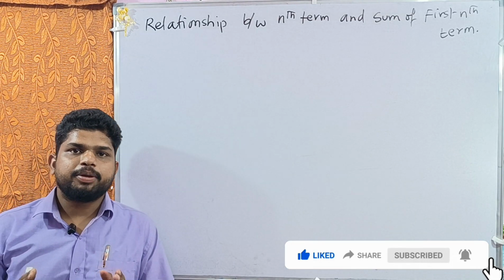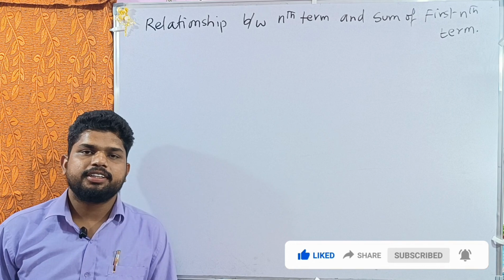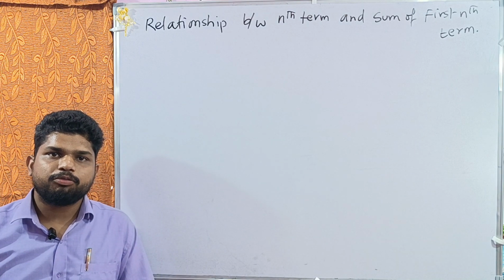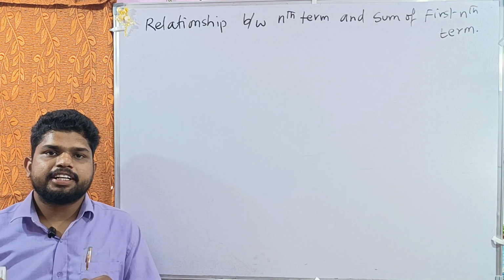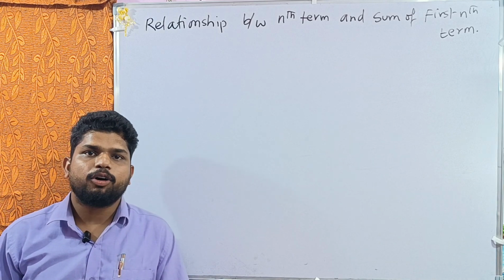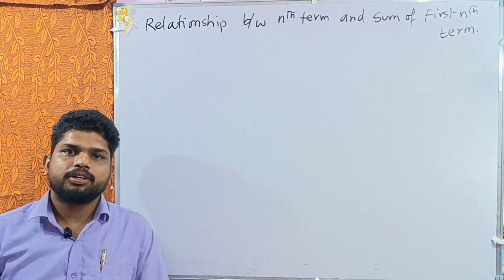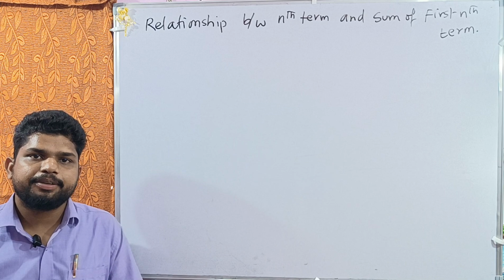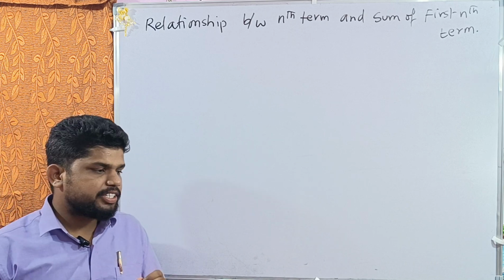Dear students, before we proceed to the next question, I just wanted to give you one formula that gives the relationship between the nth term of an AP and the sum of the first n terms of an AP.